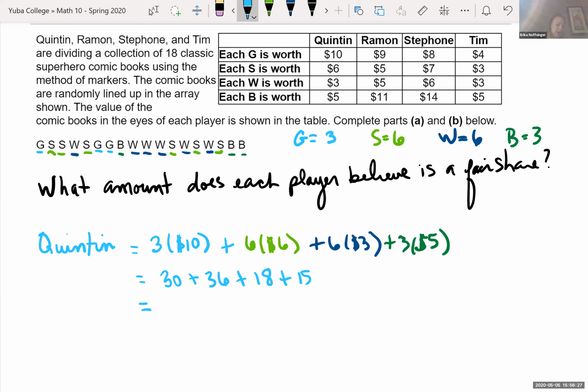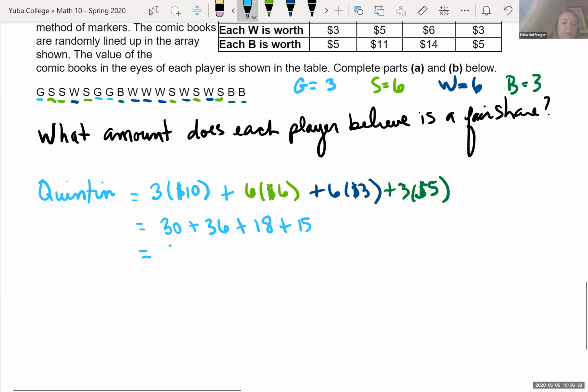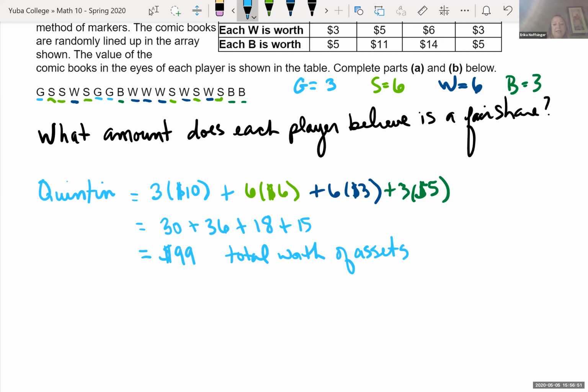Summing that, we have 30 plus 36 plus 18 plus 15. So that's a total of $99. This is what he believes is the total worth of all the assets.